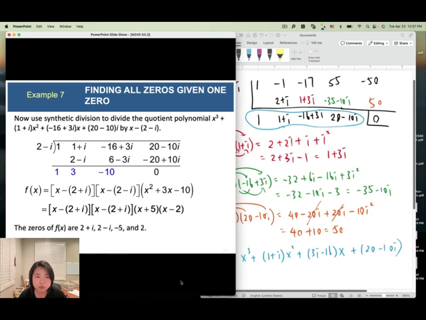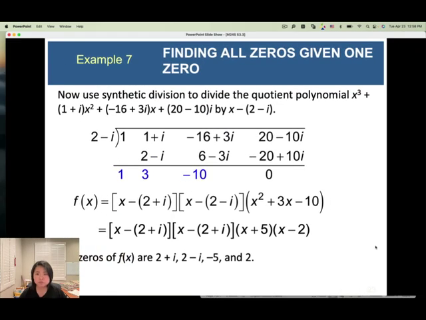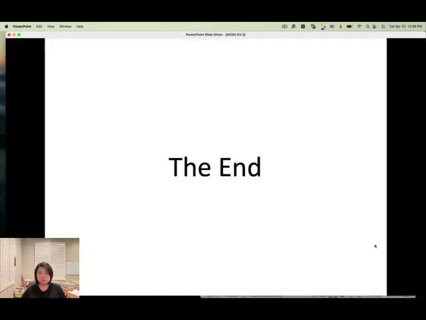Okay, so that will be my zeros. This is called the factor, okay? This one will be the factor, and this is going to be the zero. The answer will be x equal to 2 plus i, x equal to 2 minus i, negative 5, and positive 2. This is going to be the zeros. That's it.